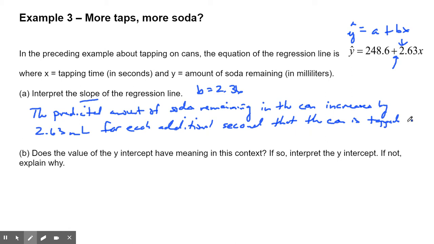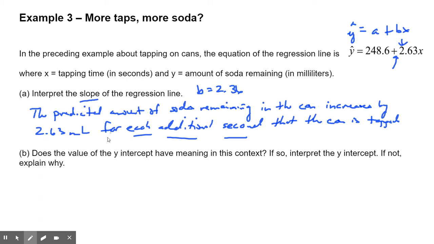The predicted amount of soda remaining in the can increases by 2.63 milliliters for each additional second that the can is tapped. So again, notice each additional second, that means an increase in 1 unit of the x, and it's in seconds. So again, the idea is that if I tap it for an extra second, I'm going to save 2.63 milliliters of soda from spilling out. Okay, and that's the slope. Change in predicted y for each 1 change in x.